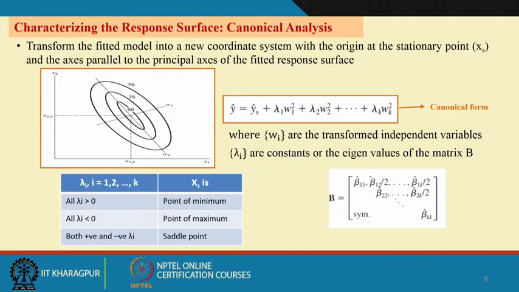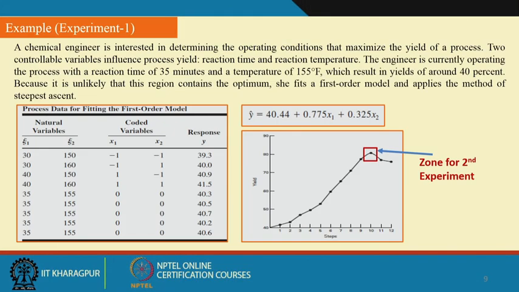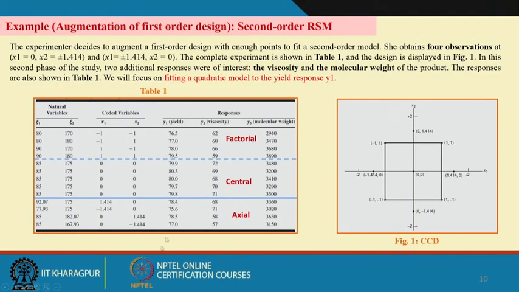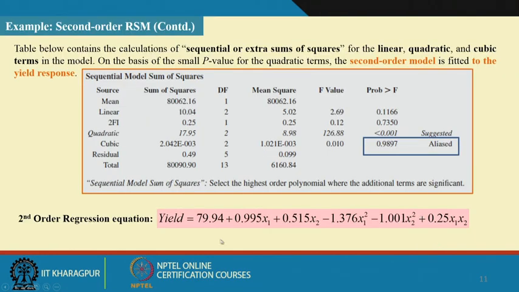So, with this background, let us see the example. This example we have discussed in several classes. In the last class I showed that the CCD is used here, and we have also got the second order response surface. What is our second order response surface?